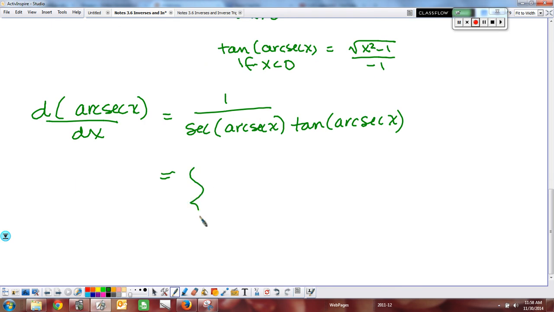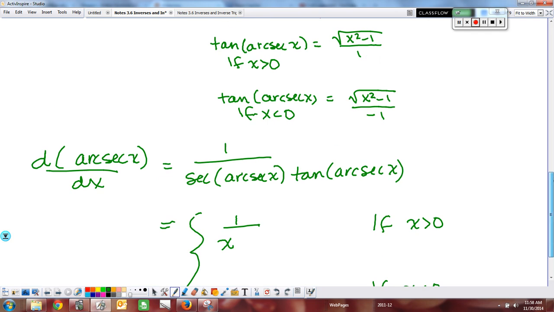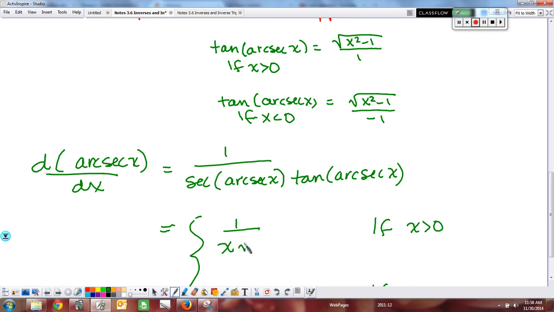The two cases are if x is positive and if x is negative. If x is positive, then the secant of arc secant of x is x, and the tangent of arc secant of x is positive square root of x squared minus 1.